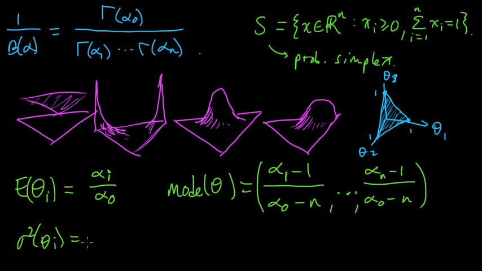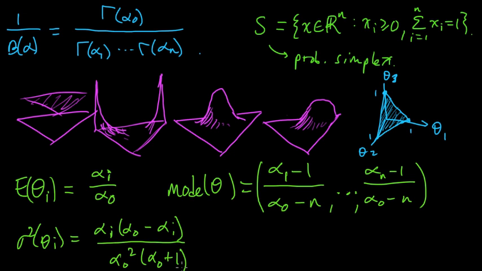I don't remember it offhand, but the variance is alpha i times (alpha 0 minus alpha i) divided by alpha 0 squared times (alpha 0 plus 1). That's the variance.